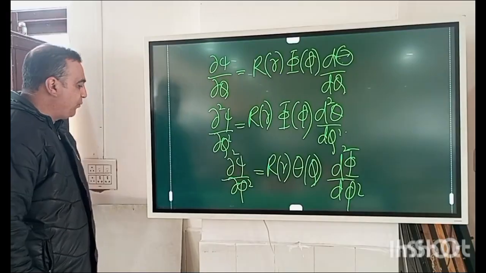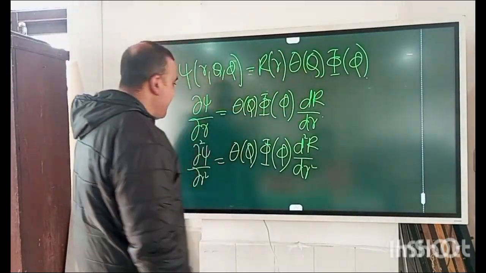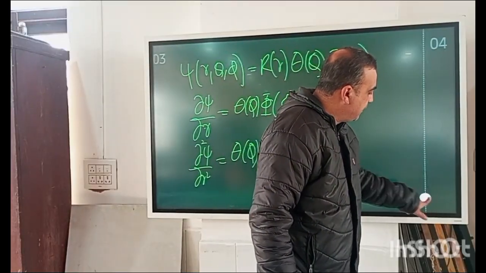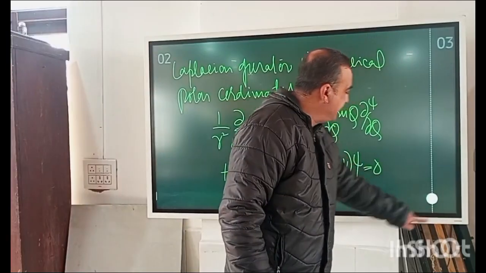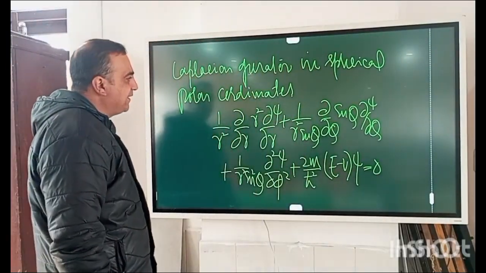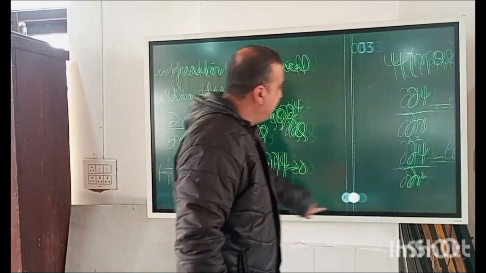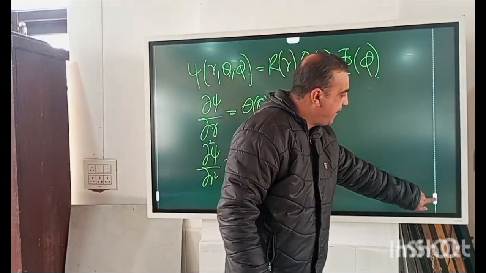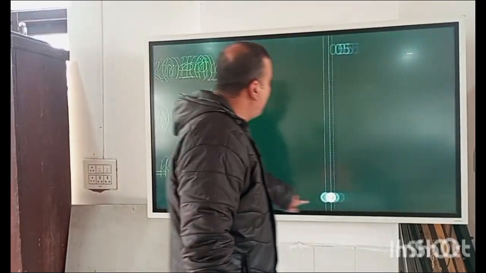So all of these results we can incorporate in the Schrodinger's equation that we have written in spherical polar coordinates, and we will obtain an equation. Let me directly write it down.